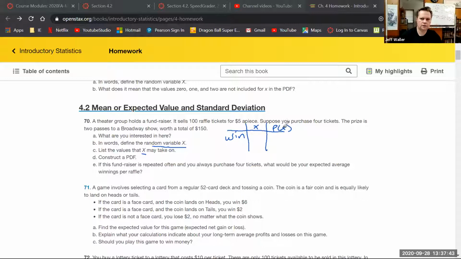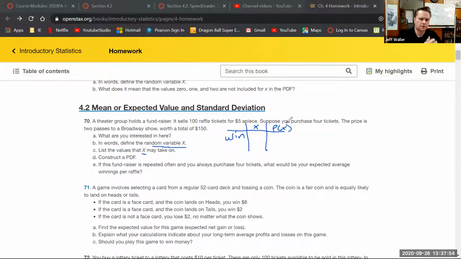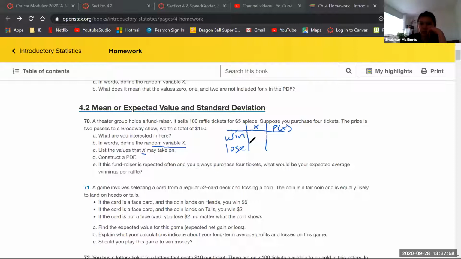And how does that translate into cash? I'm only interested in cash. 150. I'm not going to write that down yet. And if you lose, what do you get? Negative whatever you spent on raffle tickets.